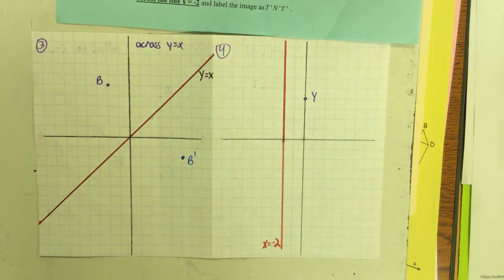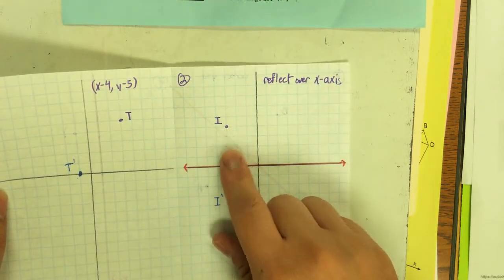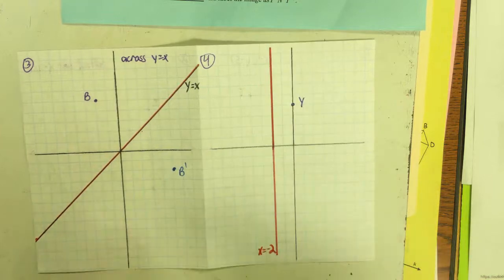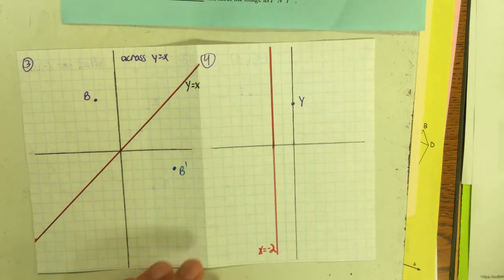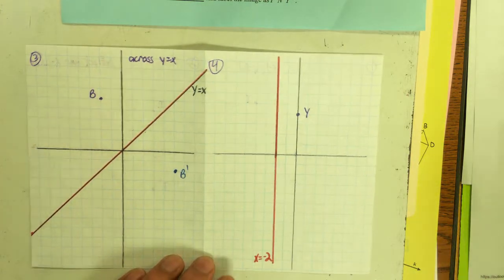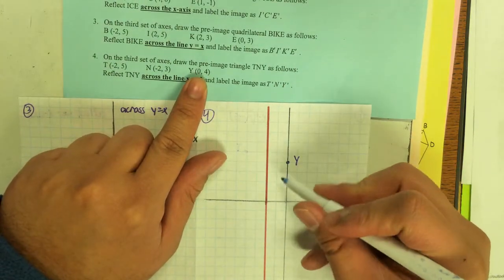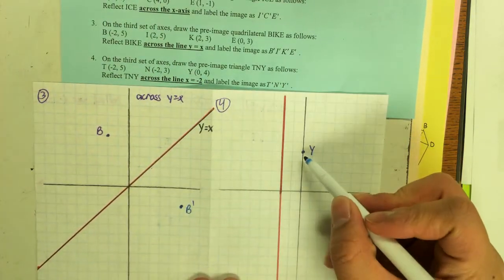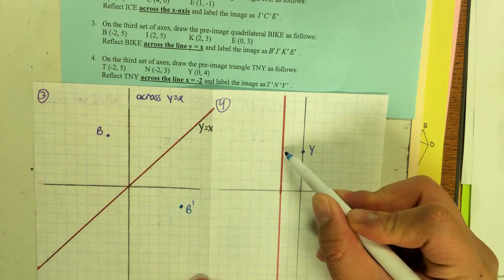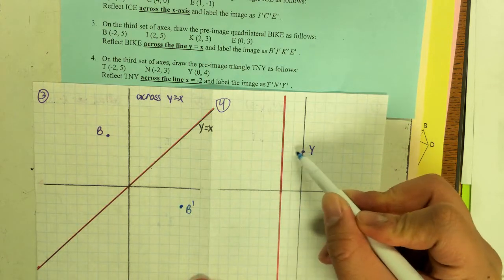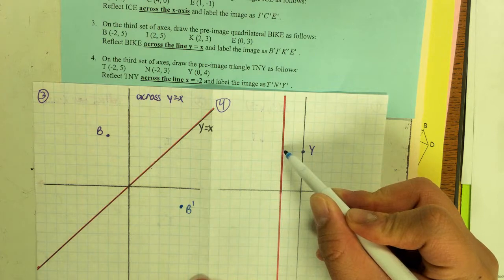So when we're reflecting, this is similar to problem number 2, where you just count how far from the line. Because it's a vertical line, we can just count across. So right here, point Y is at 0, 4. Going from Y to the line of reflection, how far is it? It's 1, 2 units.